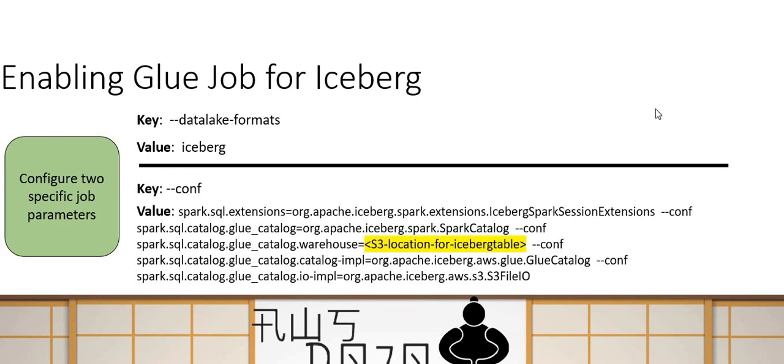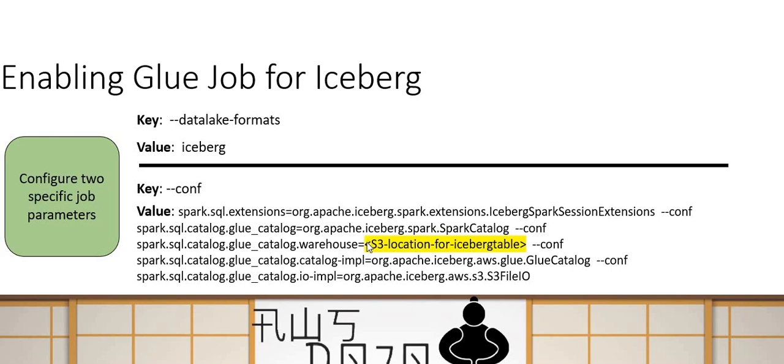And the second one is that you have to create a key called conf, which stands for configuration. And then you have to set up the following key value pairs, which primarily, if you look into detail, are talking about what is going to be my extension, what is going to be my catalog, where is my warehouse location, and there you have to be very careful and make sure that you provide the S3 location where your Iceberg table is created.